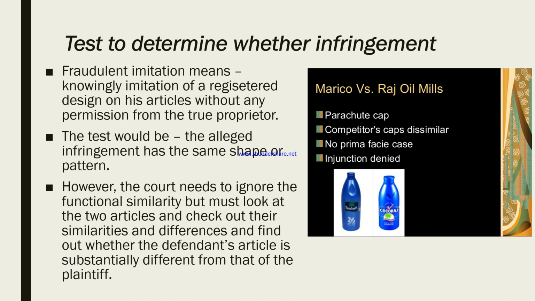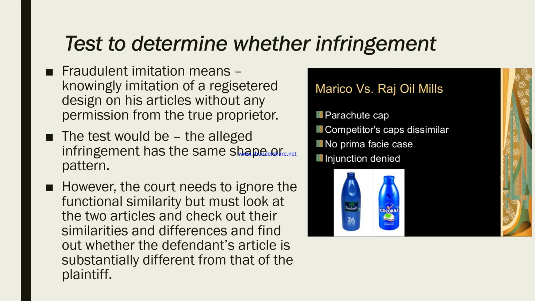Now, let us come to the test. How do we find out whether there is an infringement in two products? They need to be compared, right? Fraudulent imitation means knowingly imitating a registered design on his article without any permission from the true owner. The test is whether the alleged infringement has the same shape or pattern.